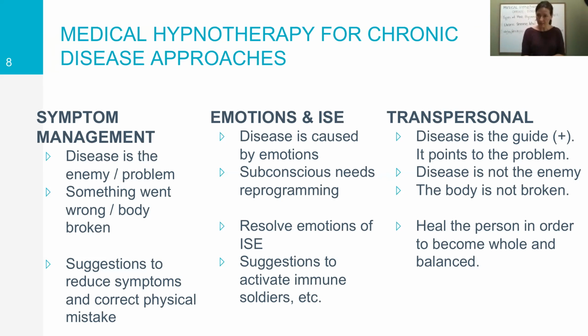So in this field, what I noticed and what I learned from them is a lot of suggestion work. Suggestion to lower the dial, lower the blood pressure. Suggestions to go into a control room and manage the dials of the body, right? You're correcting an error.